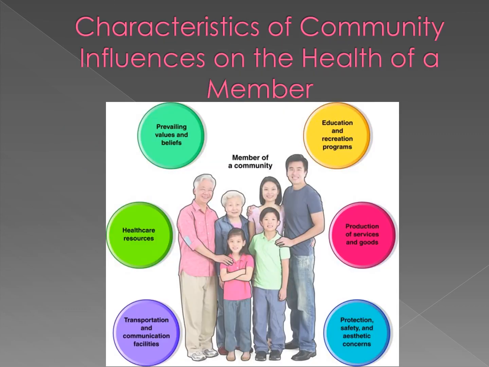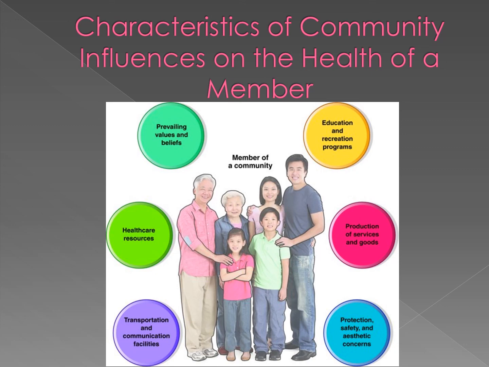Characteristics of a community influence the health of each member who lives in that community. For example, if you look at the photograph here, you have members of a community, and what is going on in the community can affect these individual members.